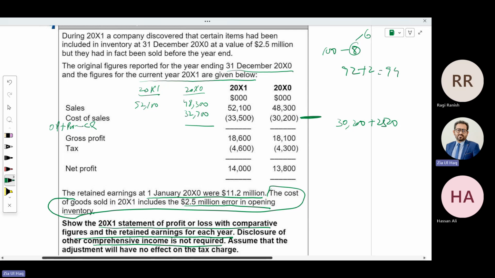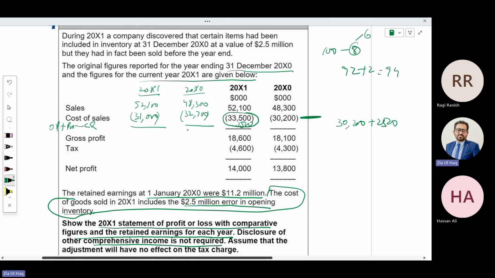This means in this figure, whether we need to add or subtract 2.5 million, meaning opening inventory is overstated, so we need to subtract 2,500. So what will that be? 31,000. What is GP here? What is GP here?